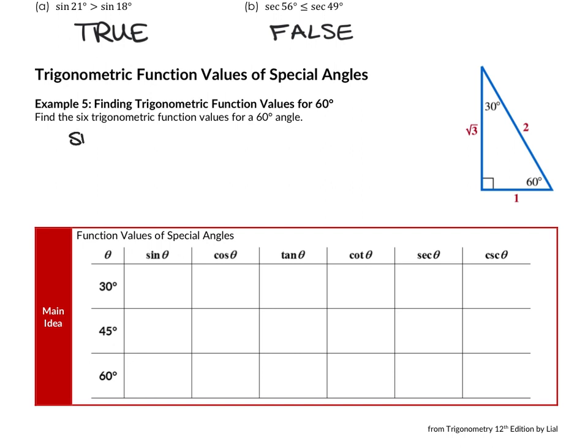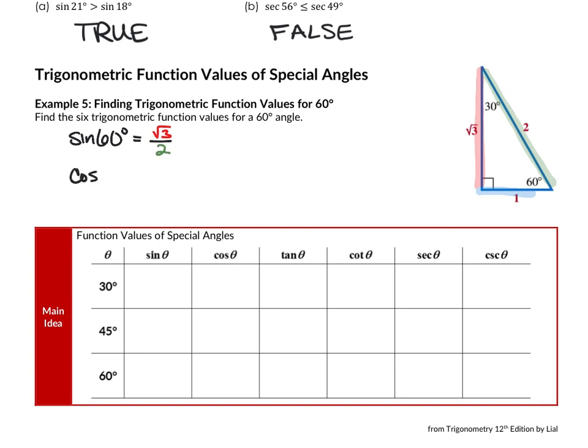If we do the sine of theta, or the sine of 60 degrees, which is what we're doing, sine of 60 is going to be the opposite over the hypotenuse. But remember, this is your opposite, your adjacent, your hypotenuse when it comes to 60 degrees. So the sine of 60 degrees is going to be square root of 3 over 2.